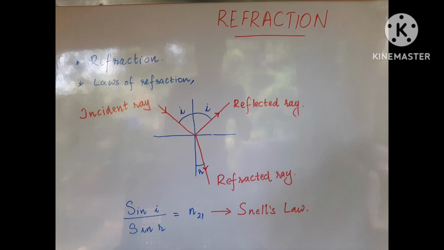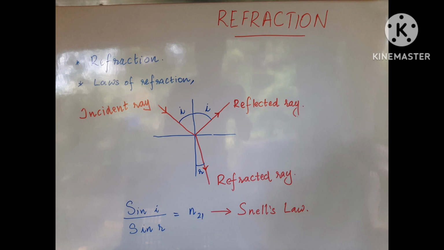The second law of refraction states that the ratio of the sine of the angle of incidence to the sine of the angle of refraction is a constant, and that constant is known as the refractive index of the second medium with respect to the first medium, or we can say that it is n21. This is Snell's law of refraction.